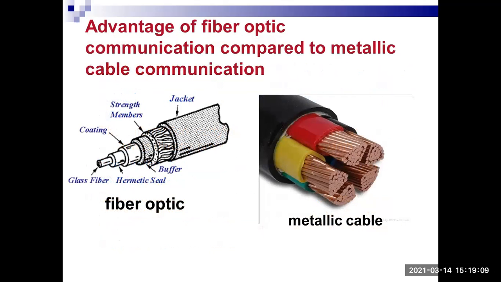Now, when we compare fiber optic communication with the metallic cable, you can see these schematic diagrams showing the comparison of the fiber optic and the metallic cable used for the communication network. Here we show how the metallic cable and fiber optic cable look.